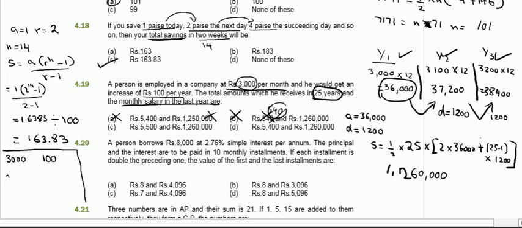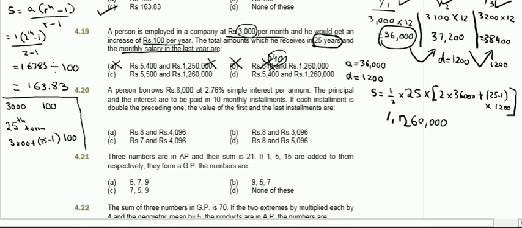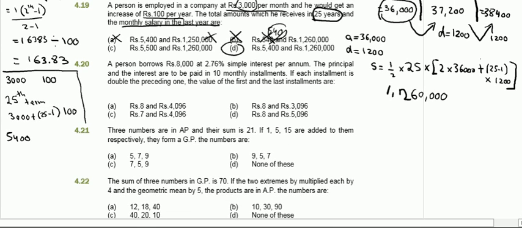So the monthly salary in the last year will be the 25th term, where A is 3,000 plus N minus 1 into D, which is the salary increment. So our answer will be 5,400, and therefore the option D could be selected. 4.19 will have answer D. Next question, 4.20.